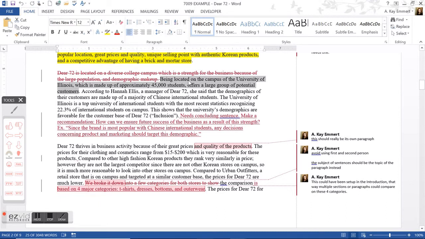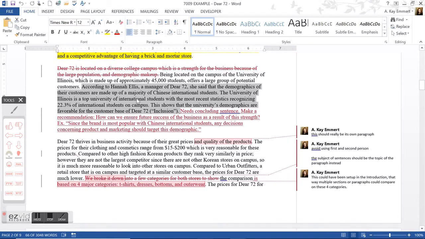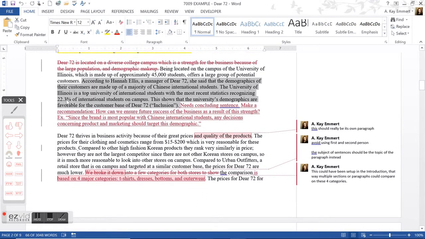After that, you're ready to start proving with evidence. The bulk of your paragraph should be evidence, pulling from both primary and secondary sources if you can. And this is fine. This uses an interview from the manager of the business saying that most of their customers are international Chinese students, and it even draws from some demographic data written by the university, which is really nice.